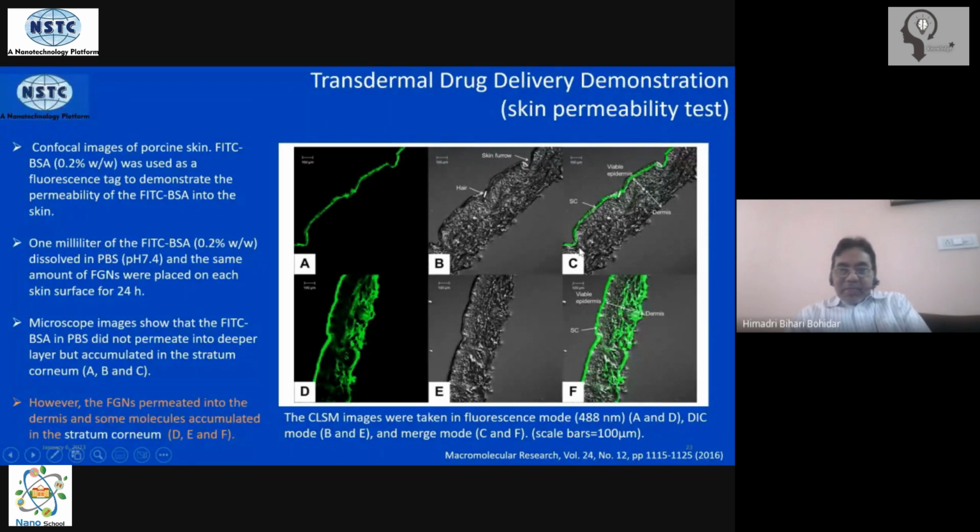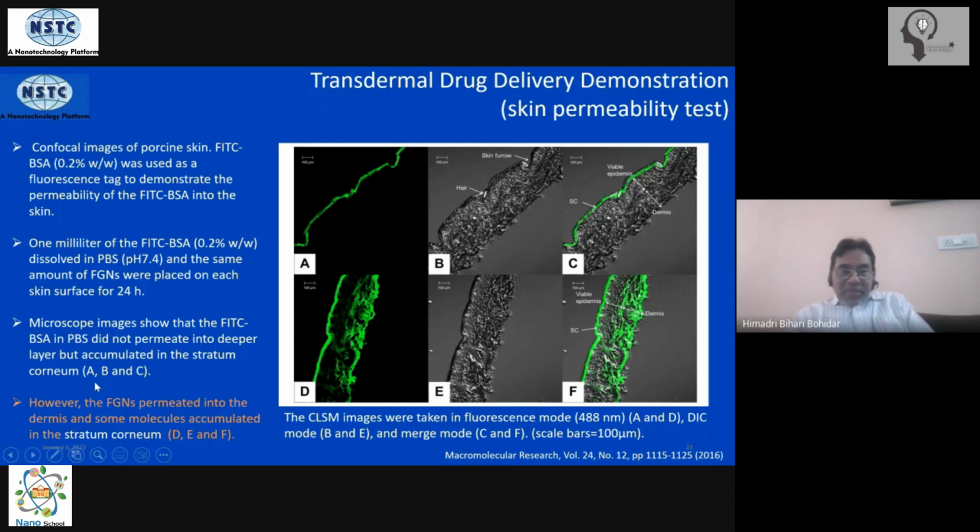It's not penetrating into the deeper layers. The microscope images clearly show that FITC BSA did not permeate deeper into the layer, and basically you can see large accumulation of this on the surface in the stratum corneum in the pictures A, B, and C.